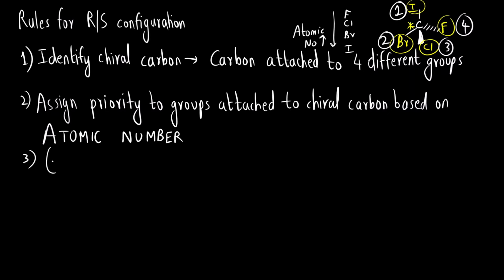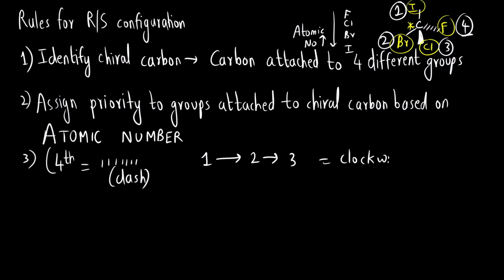Now the third rule can be applied. It is very, very important. You have to remember, if the fourth group is present on the dash bond, the fourth group meaning the group that we are assigning number 4, then you see the direction of the groups from 1 to 2 to 3.